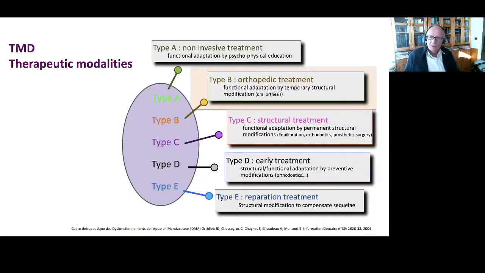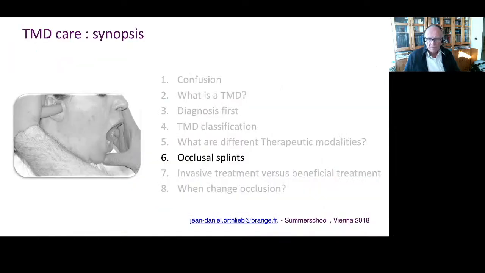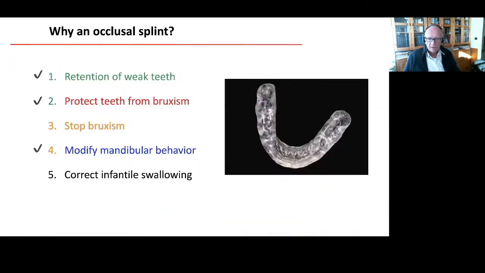Concerning now the type B, orthopedic treatment, that means splint. Why an occlusal splint? To stabilize the teeth with periodontal problem, okay. To protect the teeth from bruxism, okay.